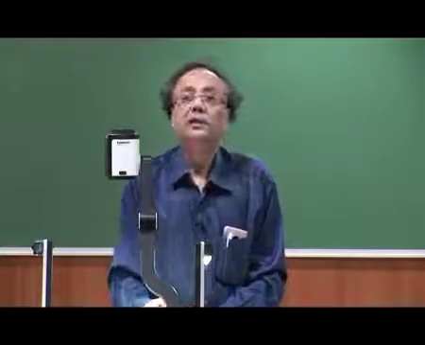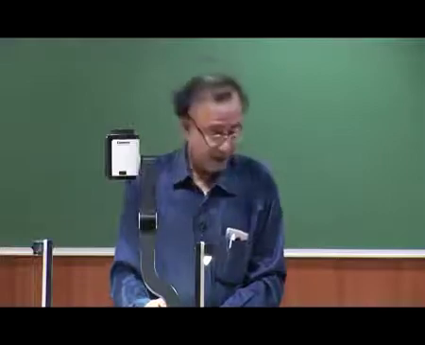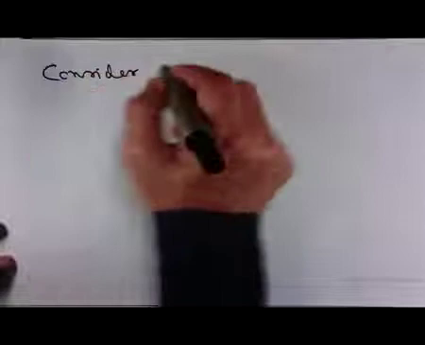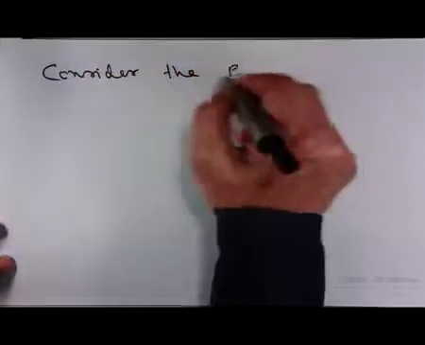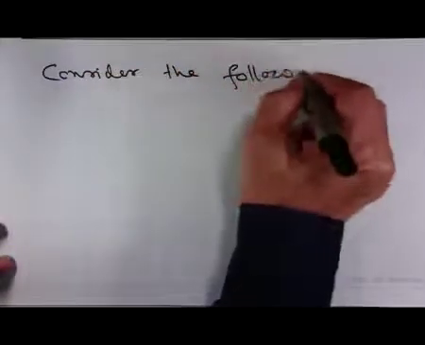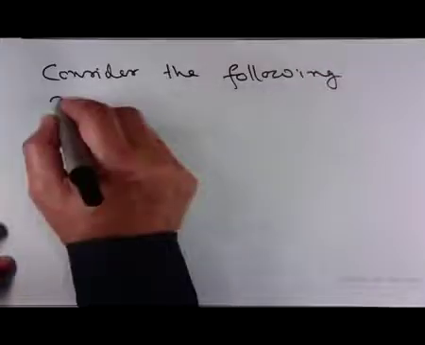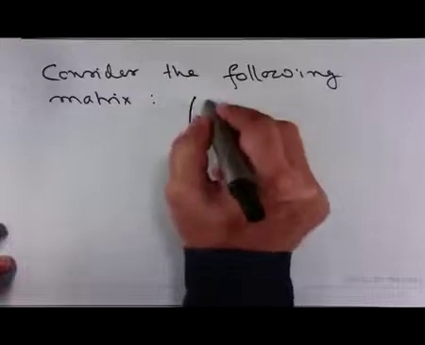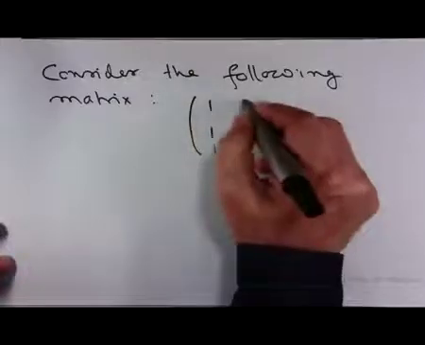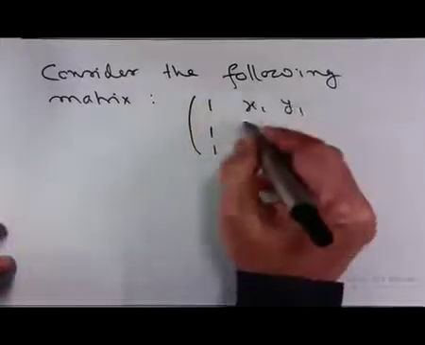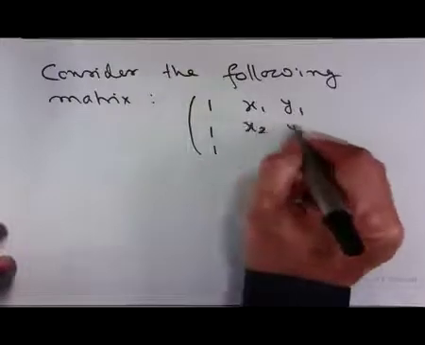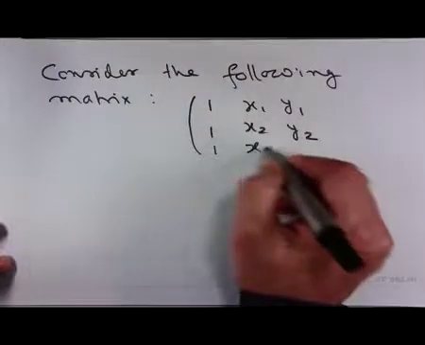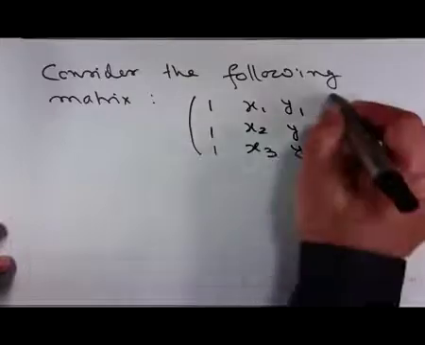Question is how we can see it from a determinant perspective. Consider the following matrix: 1, x1, y1, 1, x2, y2 and 1, x3, y3.